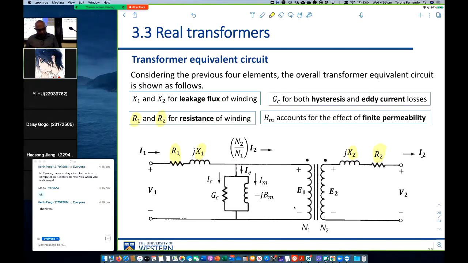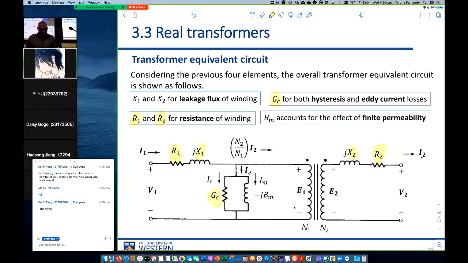We know that in the core of the transformer there is some hysteresis and eddy currents, which were not taken into account in the ideal transformer. So this parameter GC, because there is some active power loss, represents the eddy current loss and the hysteresis loss.